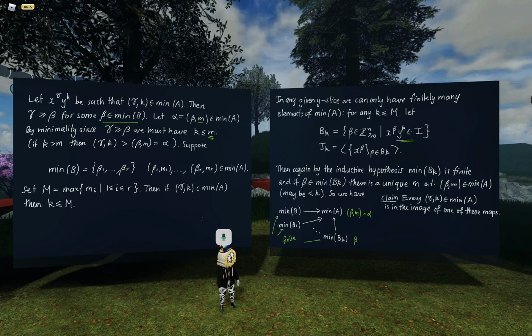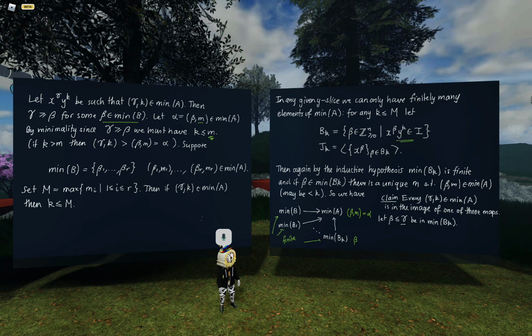Well, if gamma k is in min A, then let beta less than or equal to gamma be in min bk. We know that gamma is in bk, right, by definition. So it's either minimal in bk, or we can decrease it until we find a minimal thing.